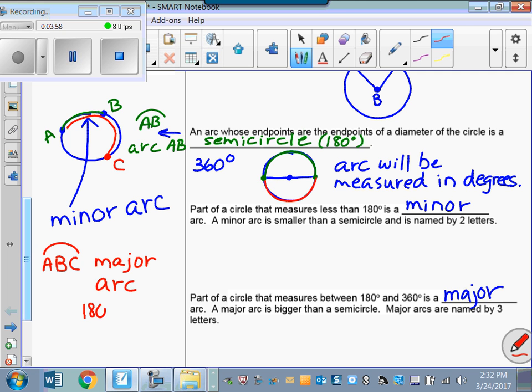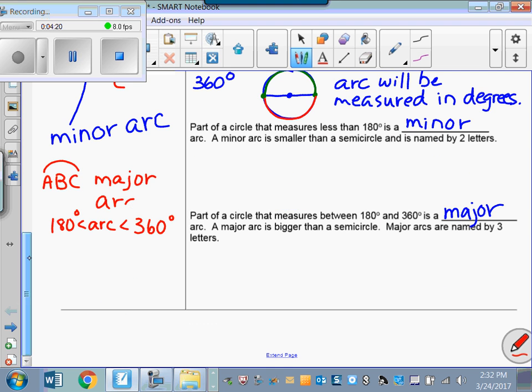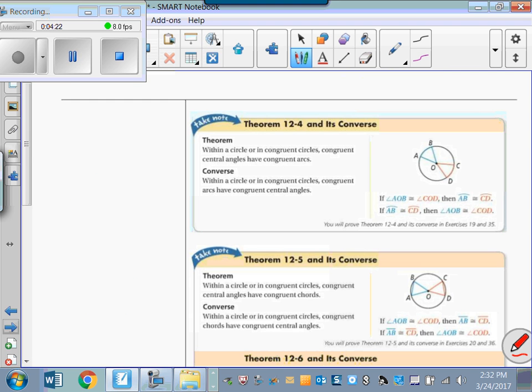It's greater than 180, but less than 360. So the arc would be greater than 180 but less than 360 if it's a major arc, and it's got to be called with three letters. Okay. All right, so of course we got some theorems now.